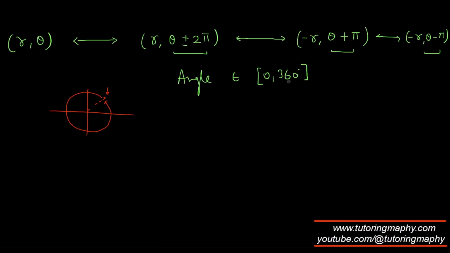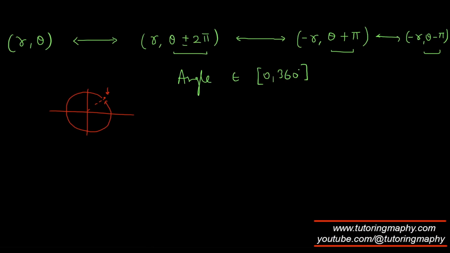If there is no such restriction, then there are just infinite ways to do it, because you keep on adding 2 pi, 4 pi, 6 pi, 8 pi, and it will give you the same situation. And likewise, you keep on adding or subtracting pi, 3 pi, 5 pi, 7 pi, etc., and it is going to give you the same situation.